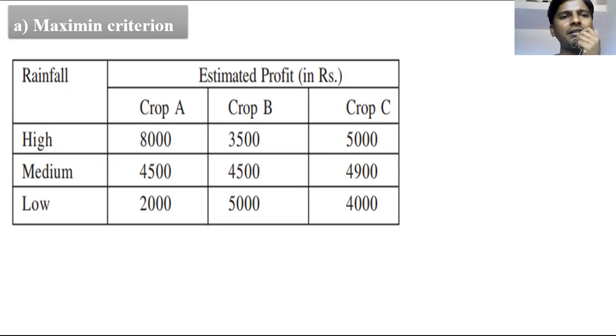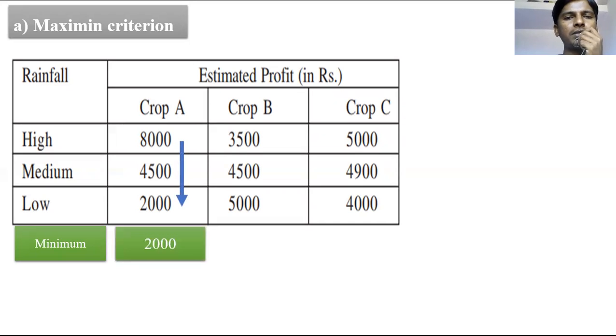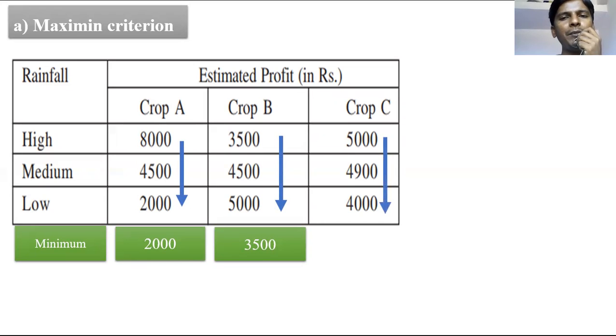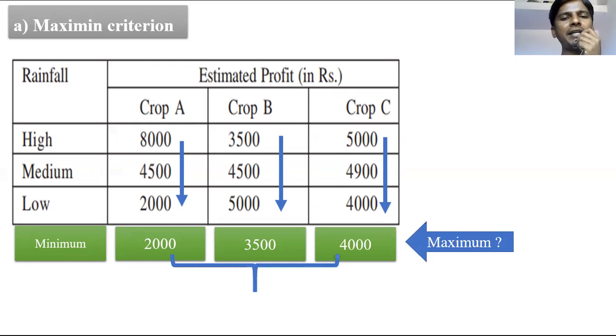So for maximin, the meaning of maximin is maximum of the minimum. Therefore, first we have to find the minimum value of each crop. Crop A minimum value is 2000. For crop B the minimum value is 3500. Crop C minimum value is 4000. And out of these, which one is the maximum?